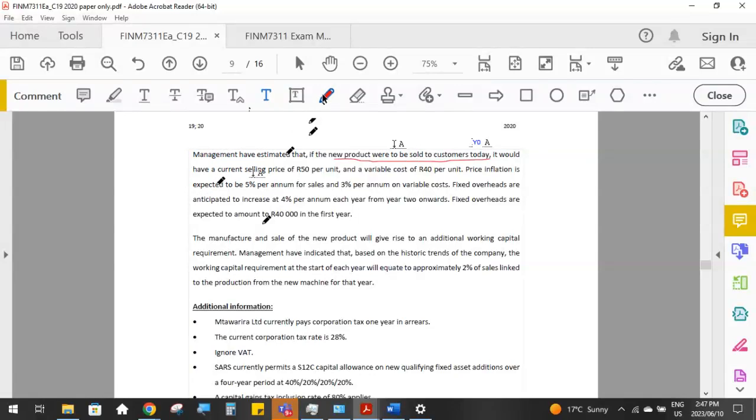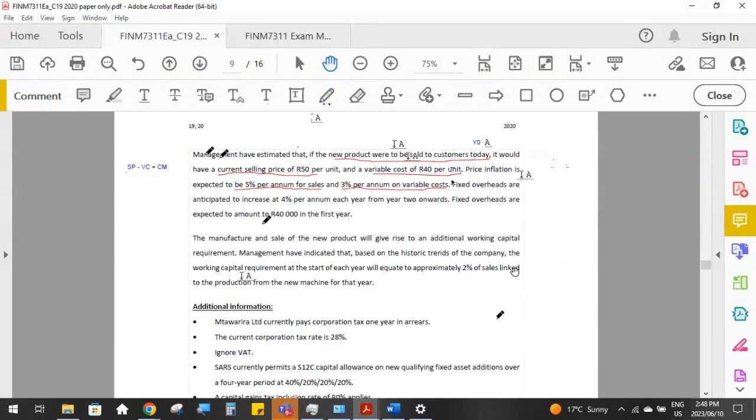It would have a current, and they repeat that, a current selling price of 50 Rand per unit and a variable cost of 40 Rand per unit. So again, in order to calculate your contribution margin, we take selling price minus variable cost equals contribution margin. That you should know backwards by now from 2nd year finance. Price inflation is expected to be 5% per annum for your selling price and 3% per annum on variable costs.